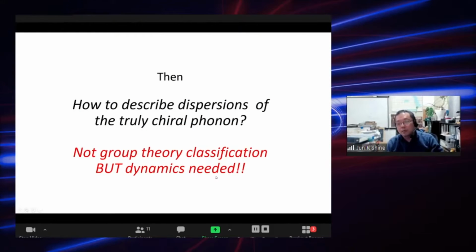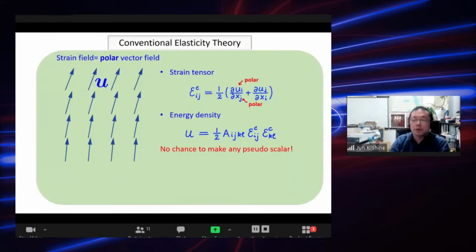Dynamical theory means that we need effective theory, which theoretically describes the whole structure of phonon dispersion. Then, we enter the theoretical frameworks. At first, let's try to start with usual conventional elasticity theory, the so-called quasi-elasticity theory.